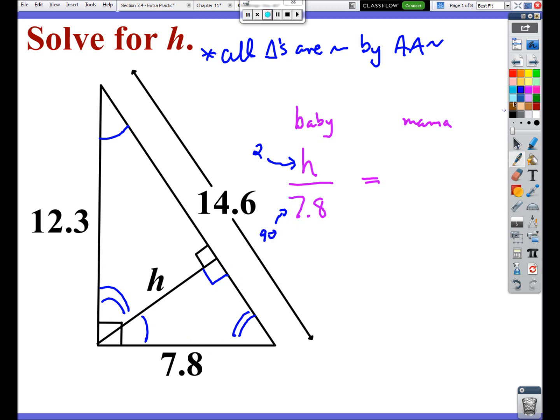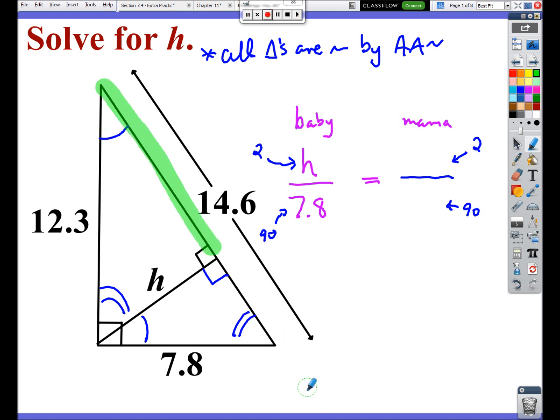So now if I want to set up the mama ratio proportion here, I need to go 2 numerator, opposite 90 denominator.